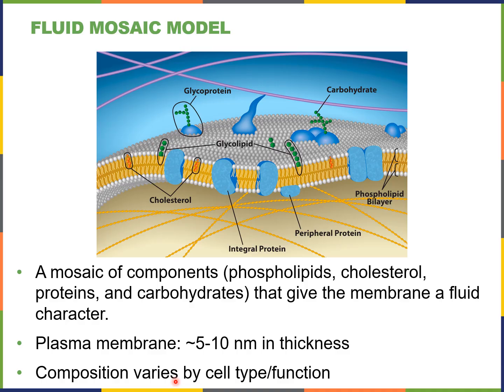For a typical cell, 50% of the membrane is made of proteins, 40% is composed of lipids, and the remaining 10% consists of carbohydrates, although these percentages can vary depending on the cell type. The carbohydrates on the surface of the cell membrane can attach to proteins, forming glycoproteins, or to lipids, forming glycolipids.